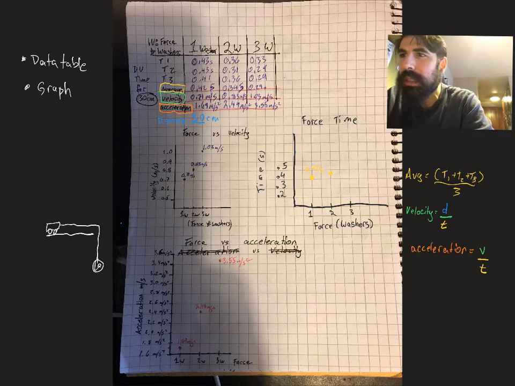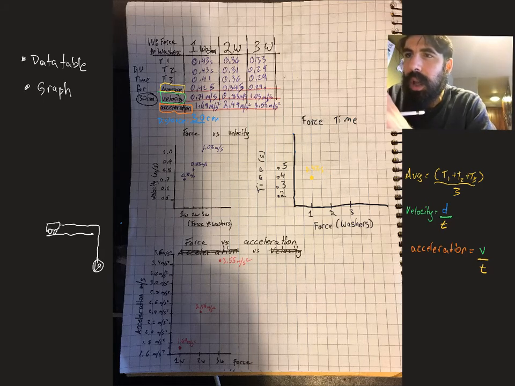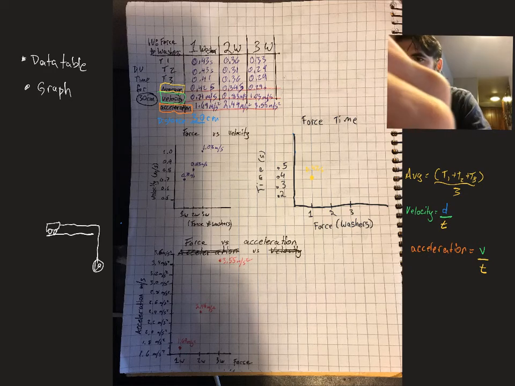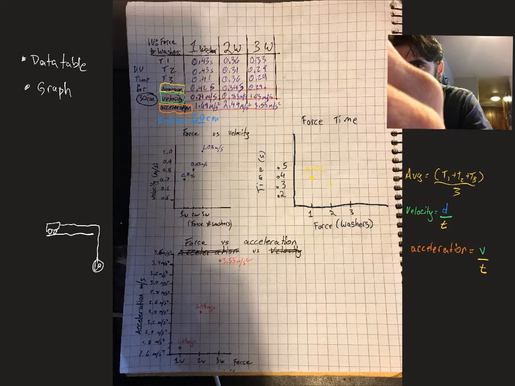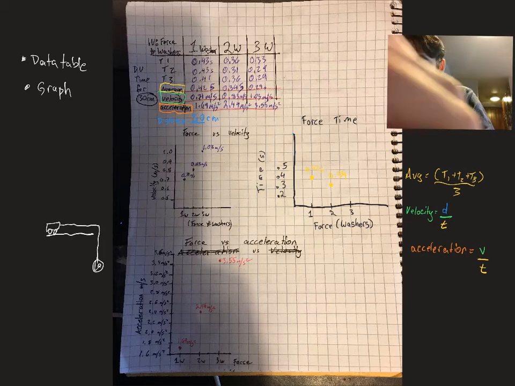Hang on a second, I did that wrong. So, yeah, 0.34 is less. So by 0.34, it's actually going to be down here between 3 and 4. And my 0.29 is going to be all the way down here close to 3.